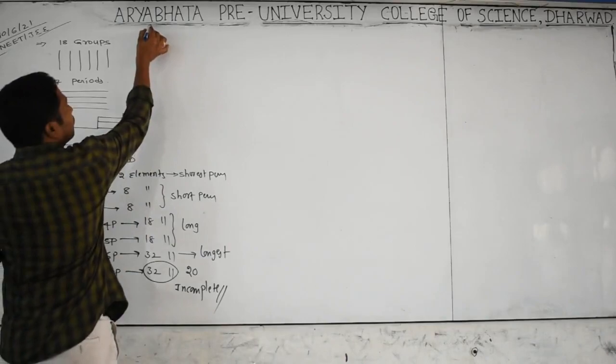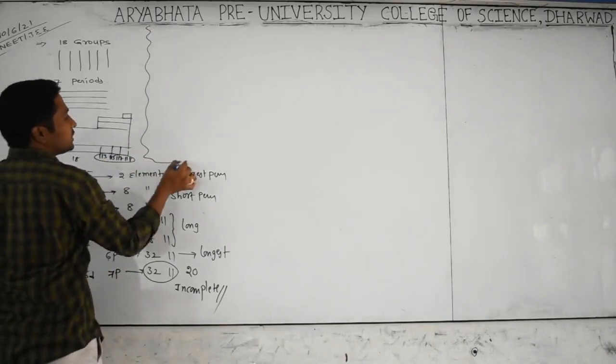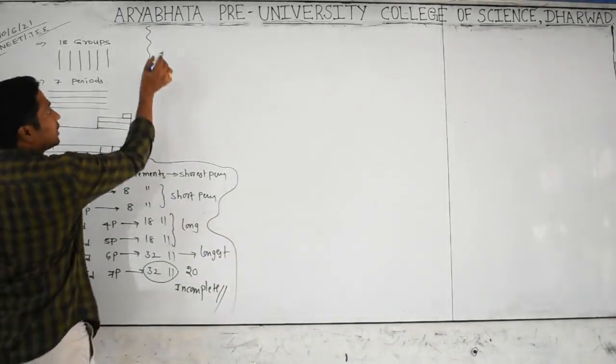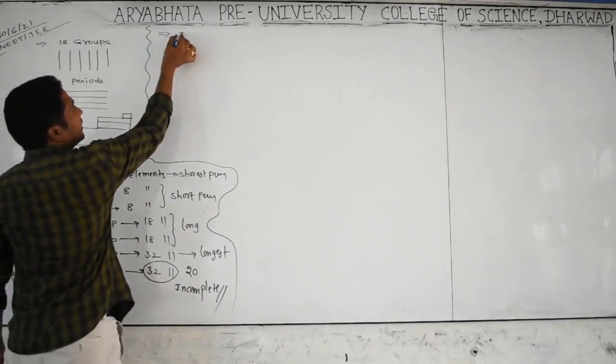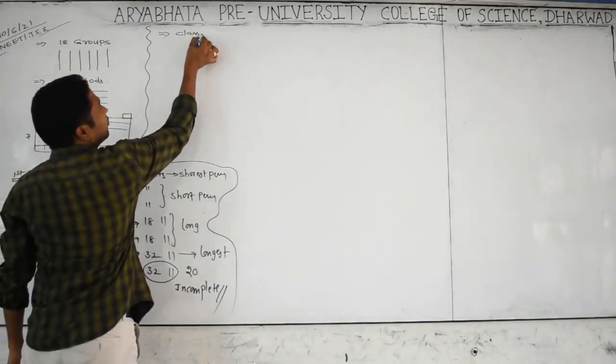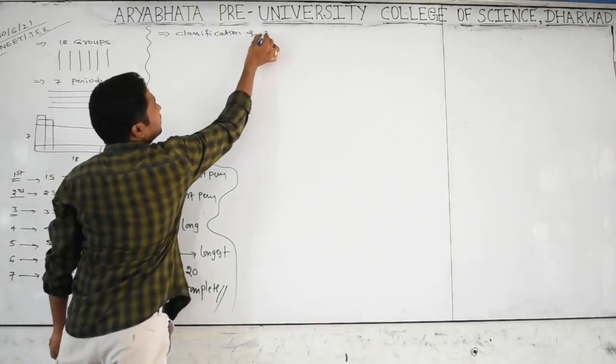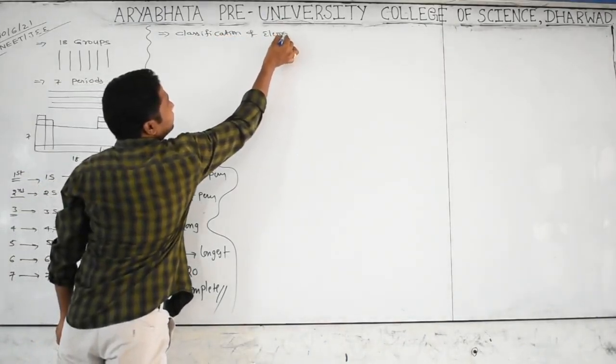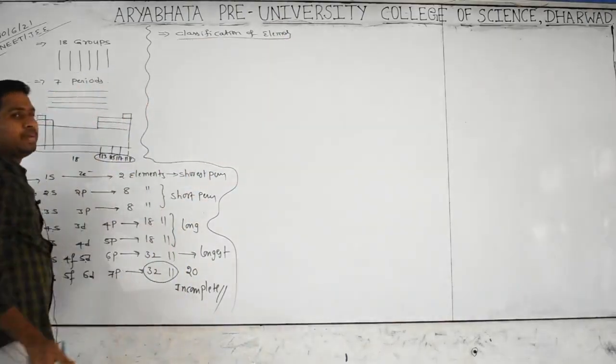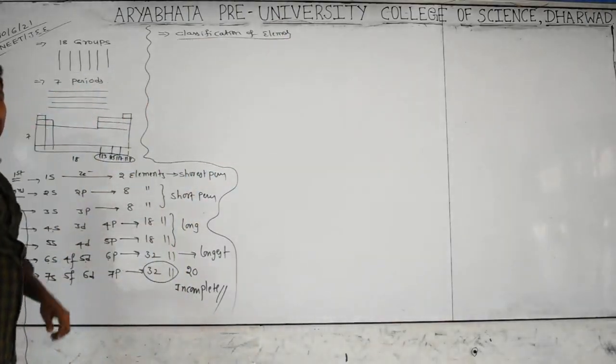Okay, let's go to some other important things, which is the classification of elements. So many points are coming, you have to observe very carefully. The whole periodic table is classified into 4 blocks.